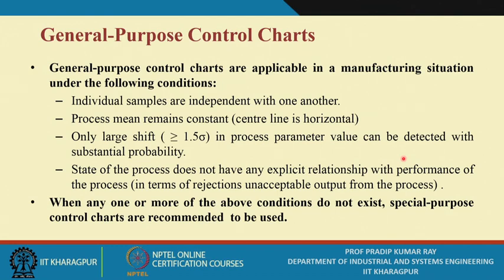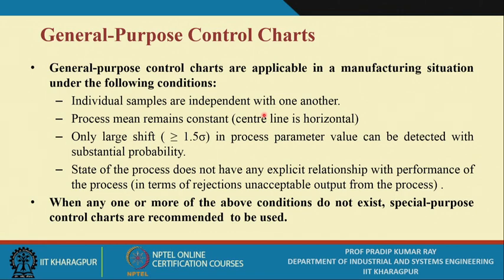You are already aware of what the general purpose control charts are under the variables category, and in fact all these general purpose control charts are applicable in a manufacturing situation under the following conditions. So you please note them down.